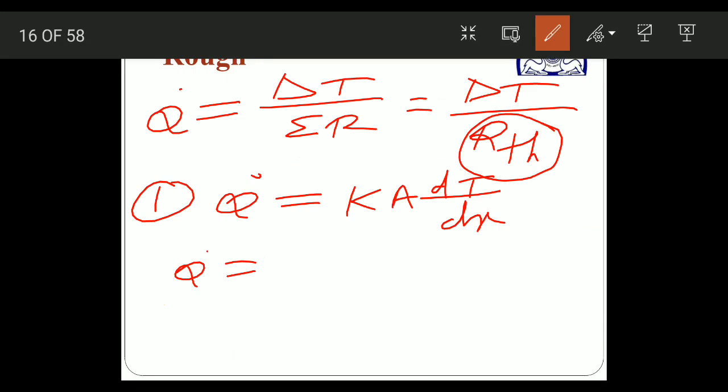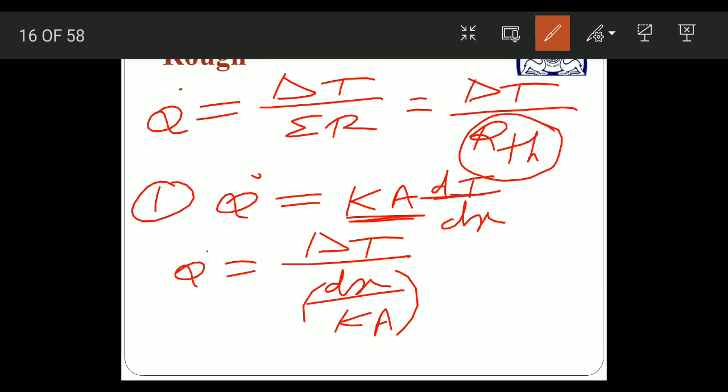Suppose this can be written as Q dot is equal to, dT can be written as delta T, and bring this K to the denominator. So dx upon K, we can write this like this.